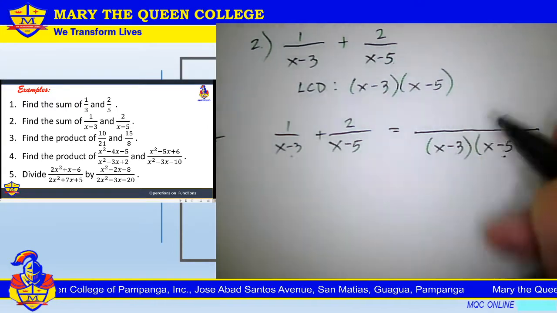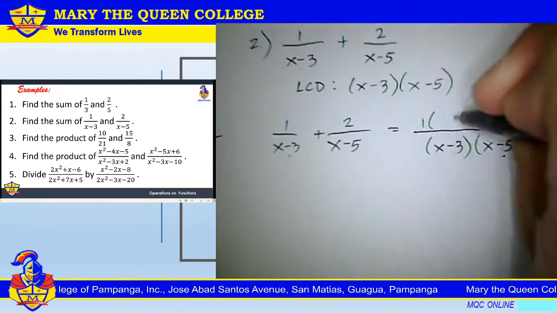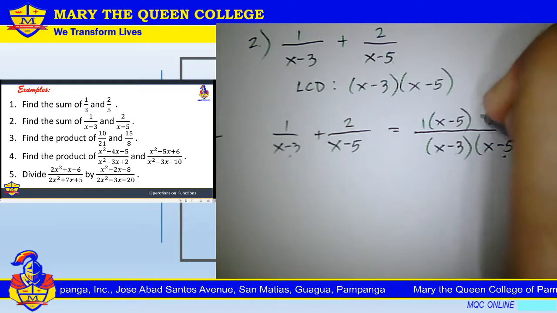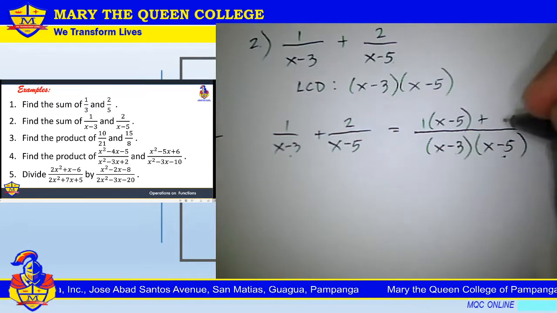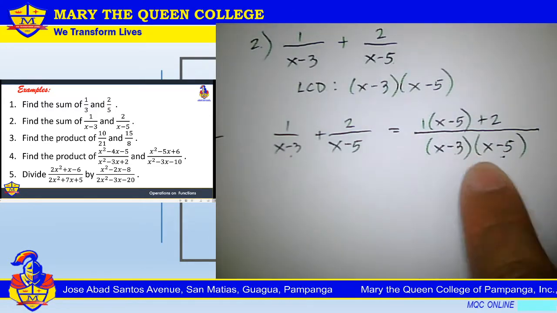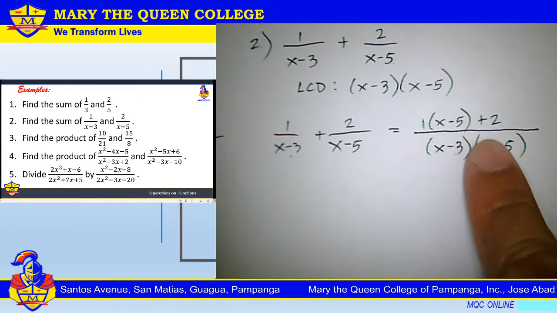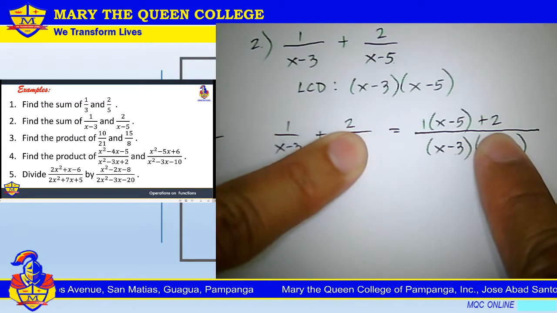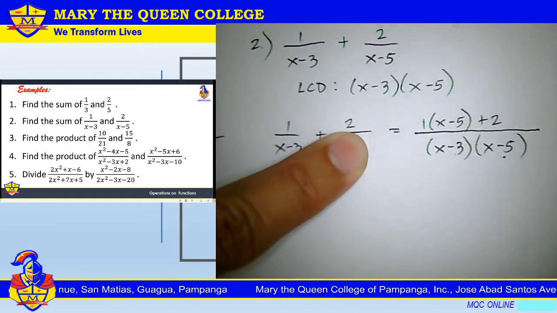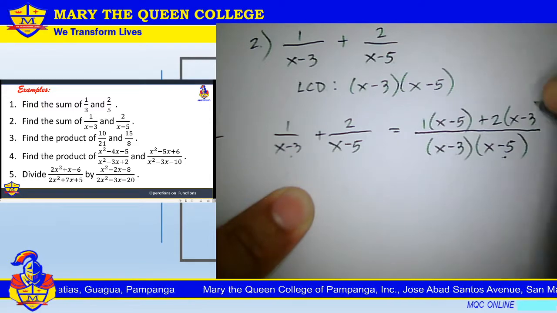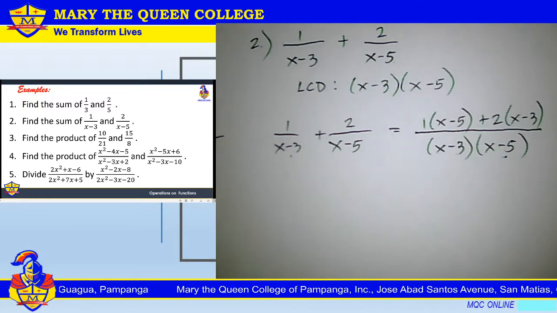So we'll now have 1 times x minus 5 plus yung nandito po we have 2. O divide po natin itong dalawa dito sa denominator. Since pareho silang may x minus 5, maiiwan is x minus 3. So we have times x minus 3 para sa numerator. Okay?